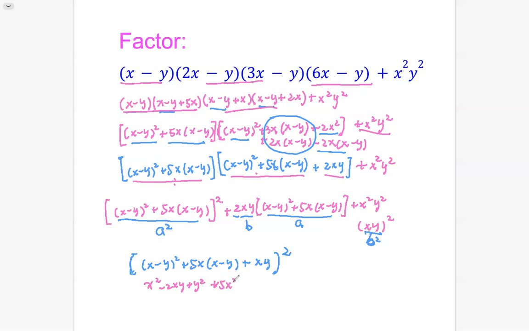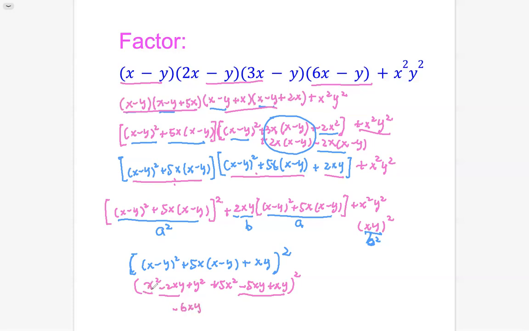5x times x, 5x squared. Minus 5xy plus xy. Of course, squared, right? Now, minus 5xy plus xy, that's minus 4xy, then minus 2xy. So we get a minus 6xy.